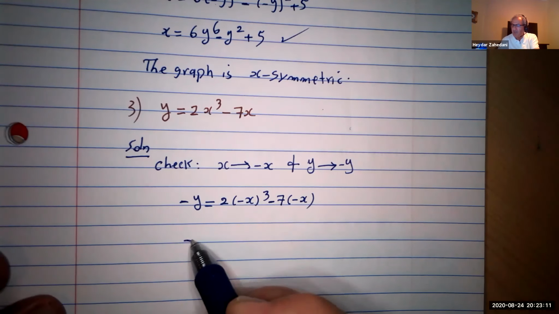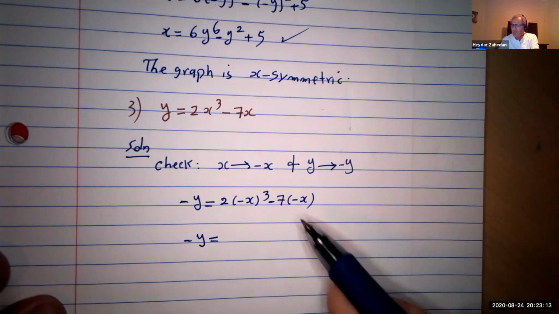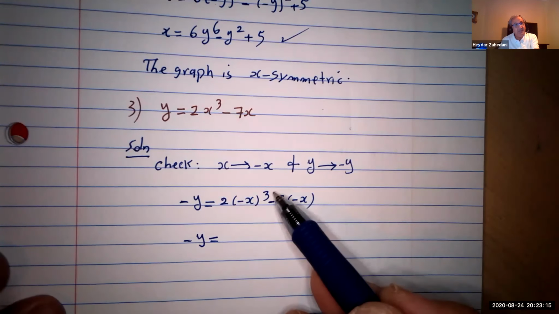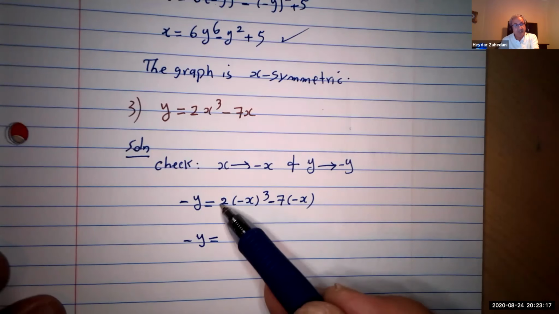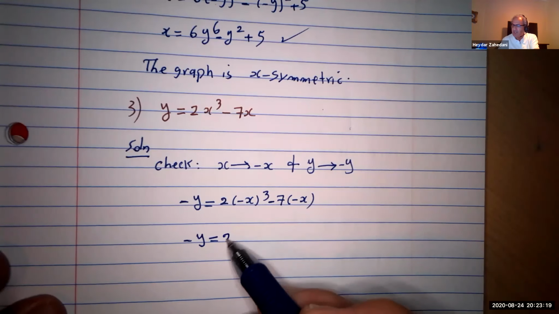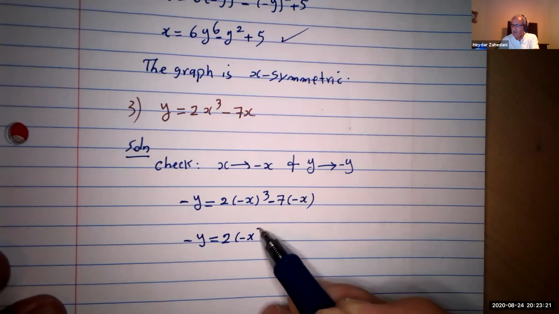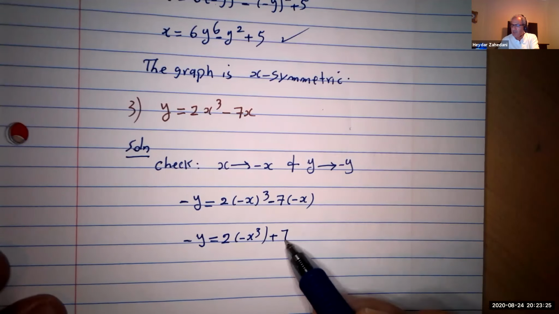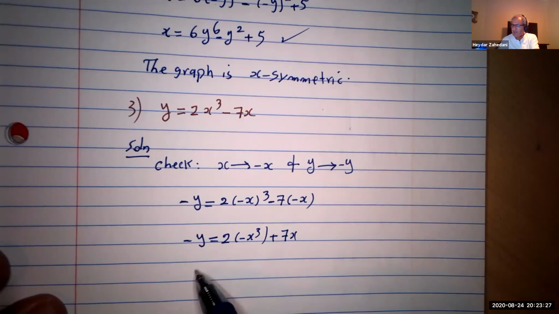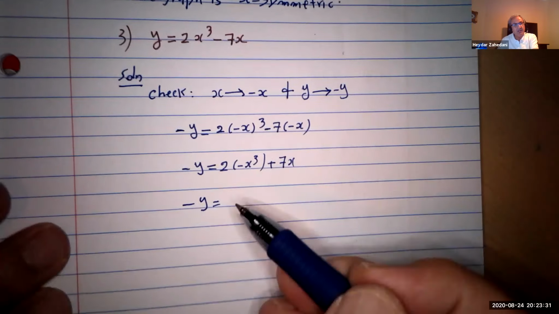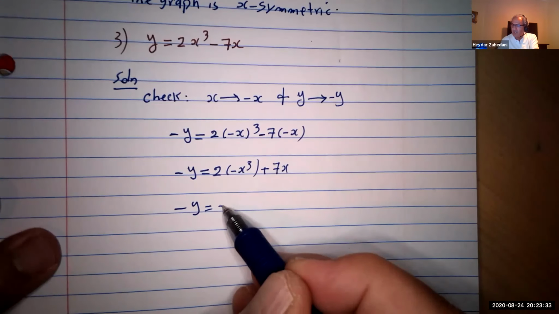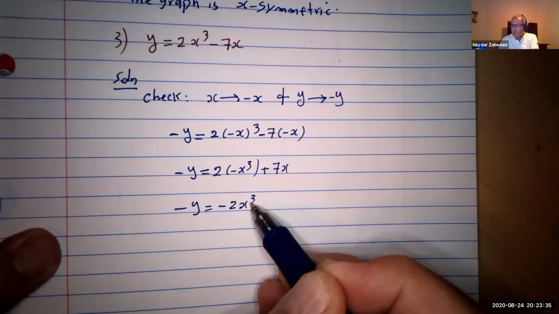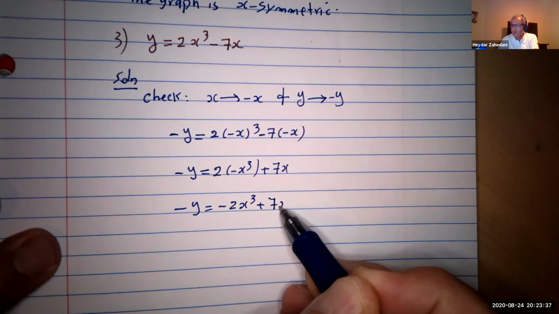So that gives negative y equal to, negative x cubed would be negative x cubed. Negative positive would be negative, I write it down twice so that you know what happened. Negative, negative, positive, that gives you 7x. So now you have negative y equal to negative 2x cubed plus 7x.